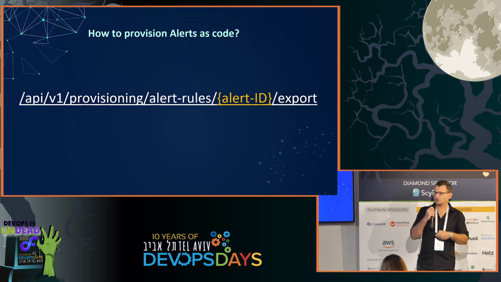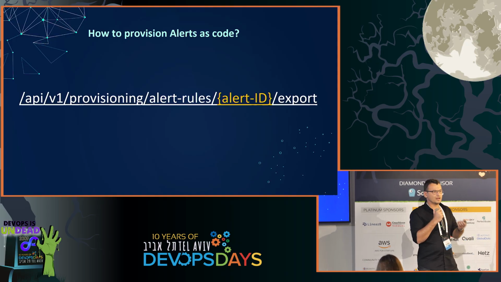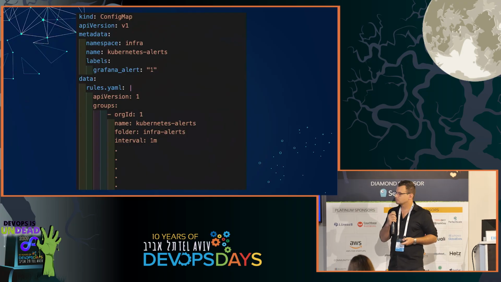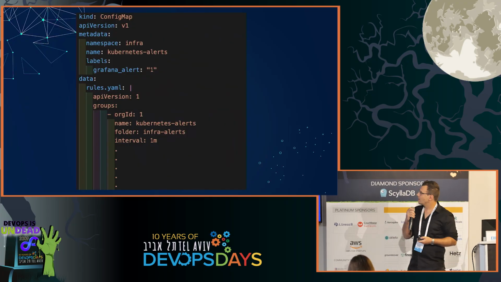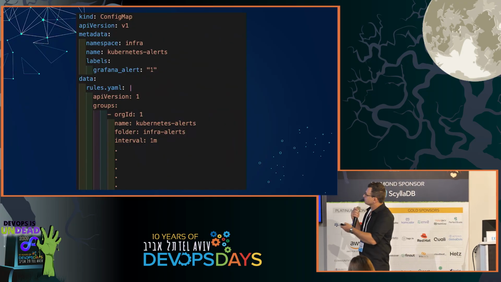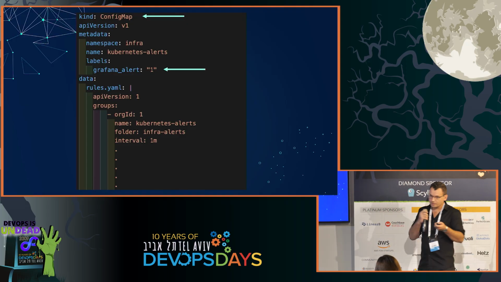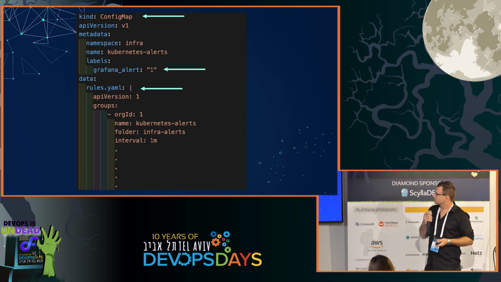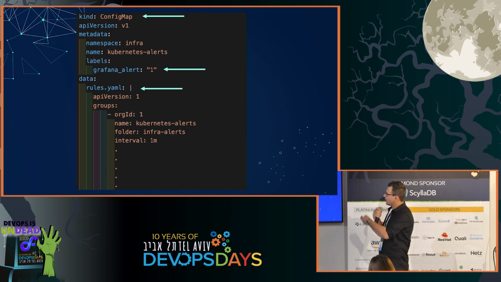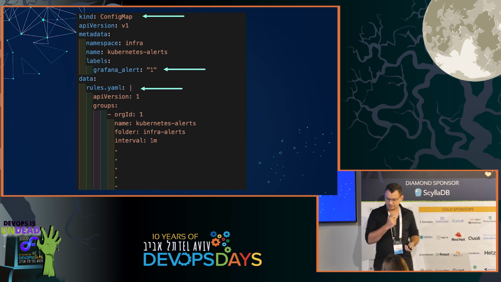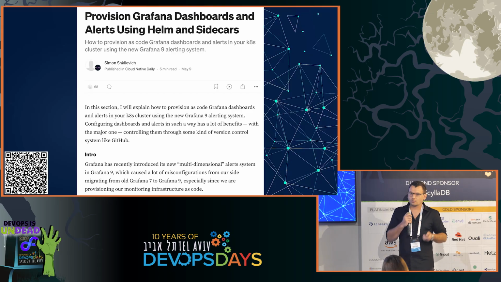But again, you export the code of the alert, paste the alert ID, and you have the code, and again, YAMLs. It's a config map with the label Grafana alert, with rules.yaml, again with everything that we need, how we scan, interval scans, and so on. Now, it's not that straightforward.